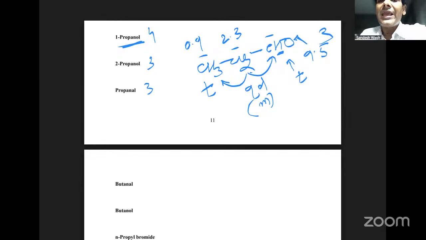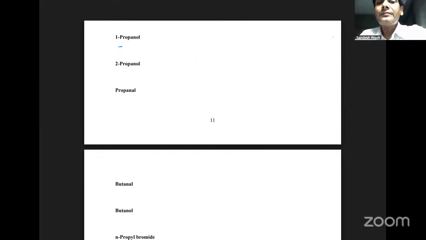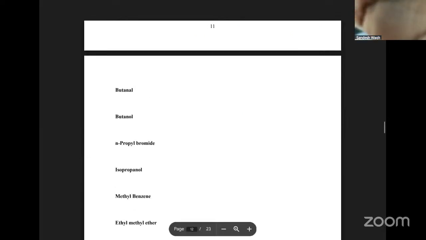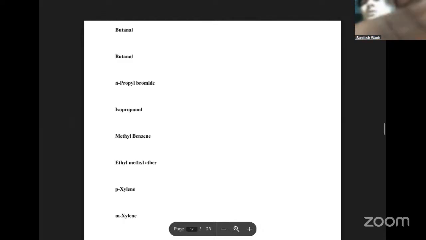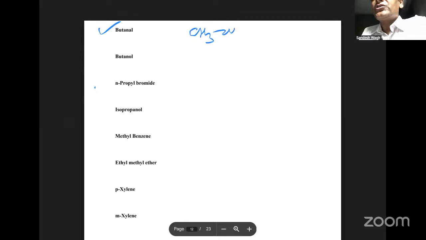Let's move on to the next. Okay, propanal is done. Now let's see butanal. Always there is confusion between butanal and butanol. Butanal means aldehyde again, CH3, CH2, CH2, CHO. So this is the structure of butanal. How many signals will you get? 4 signals, 4 different types of protons are there.